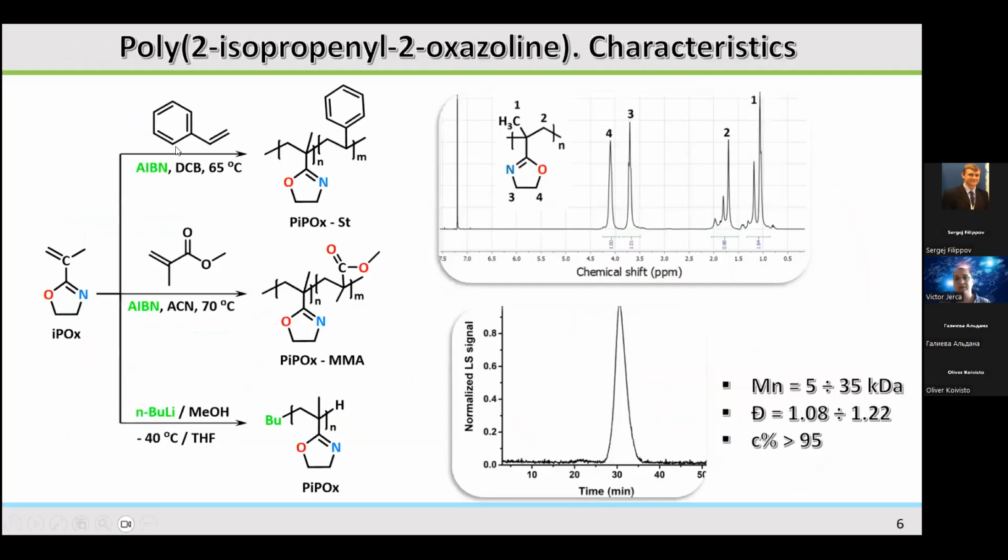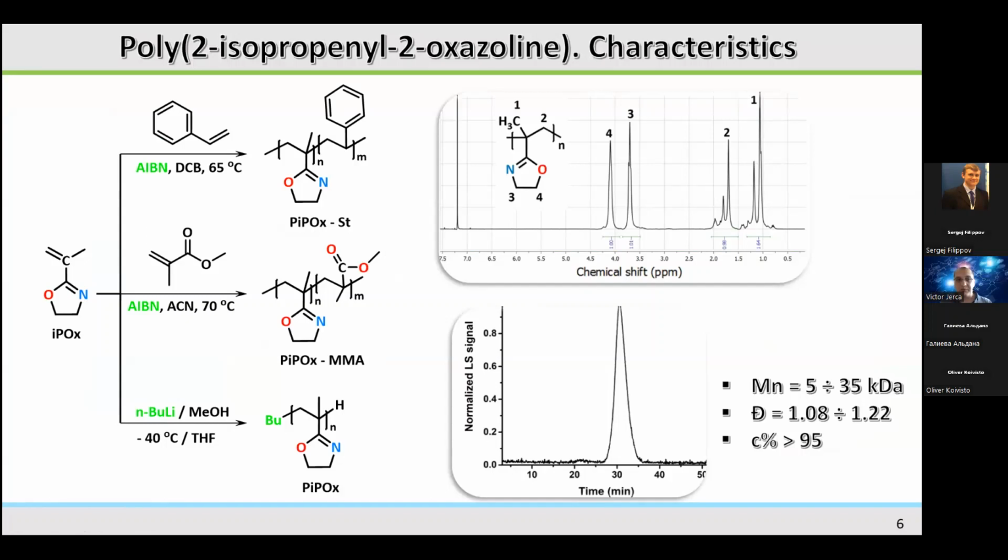So we started our work, I think, 15 years ago in the field. Back then we were very interested in obtaining copolymers of iPOx, of this monomer with styrene and methyl methacrylate, and we did this by free radical polymerization.